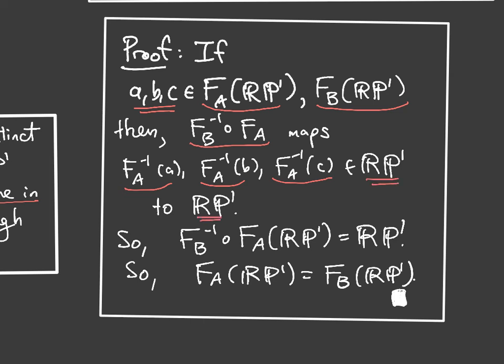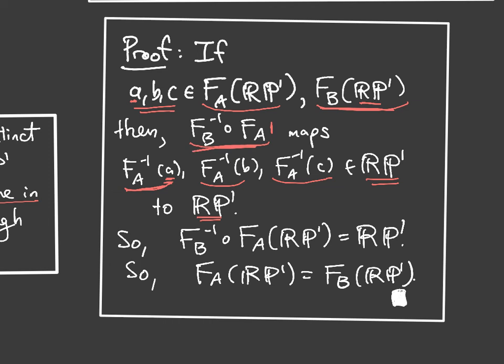Well, why is that? FA inverse of little a, if we plug it into this map here, it goes to FB inverse of a, and since a is in the image of FB of RP1, its inverse image will be in RP1.